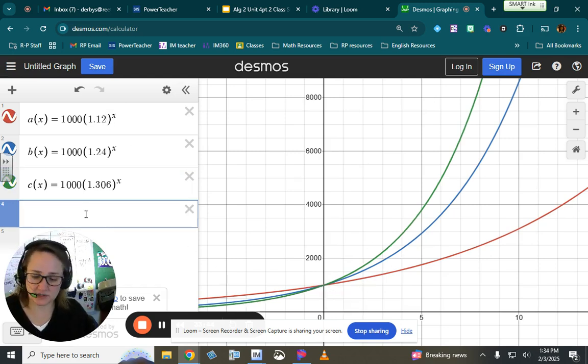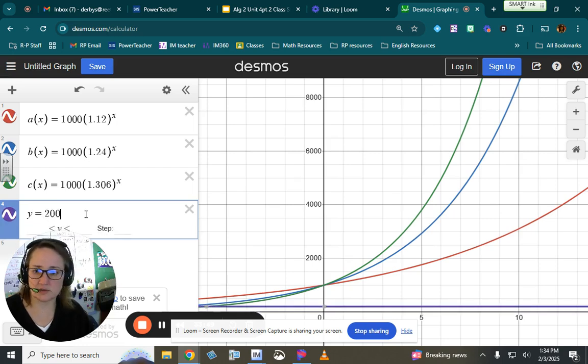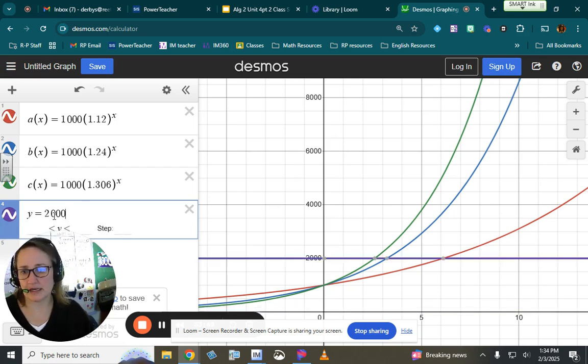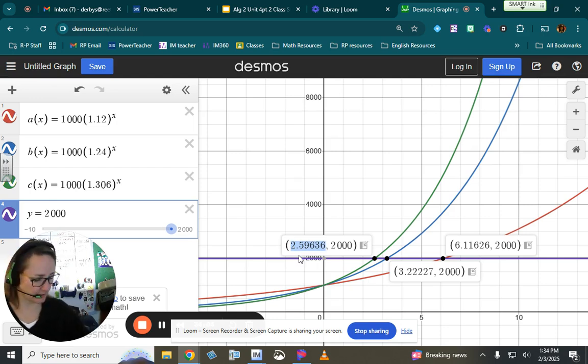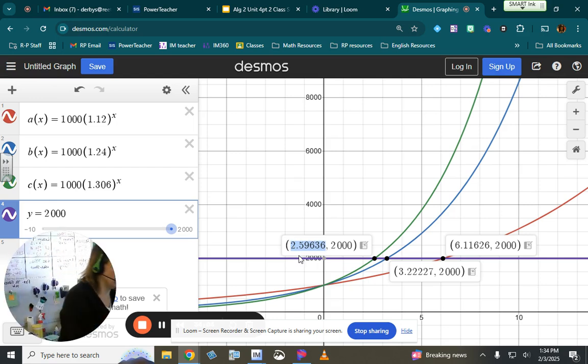If I want to see where each of these is going to equal $2,000, just remember you can put in a y equals 2,000, and now I can see how long it takes each one. Remember, this is the one that we already wrote down, that it takes somewhere between 2 and 3 years. So 2.6 years is actually what it would be. 2.6 years.